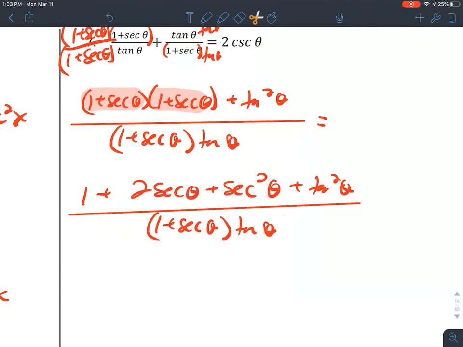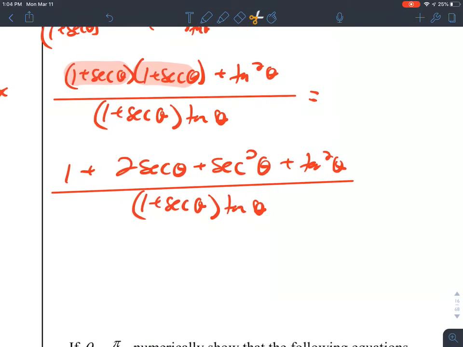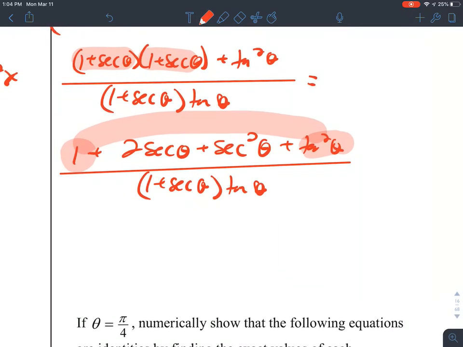Looking at this, I got a lot of secants in this problem, so I might as well make the entire top secants. How can I change tangent squared to be secant? Well, I can't that easily, but if I include the 1 with it, 1 plus tangent squared is the same as secant squared. That's one of the Pythagorean identities, the second one to be exact.